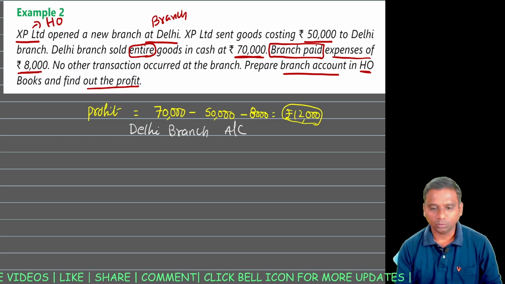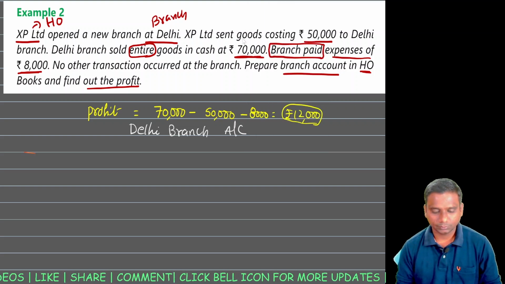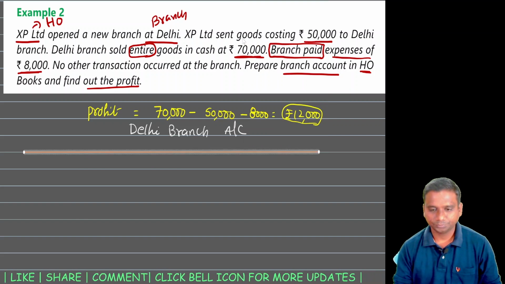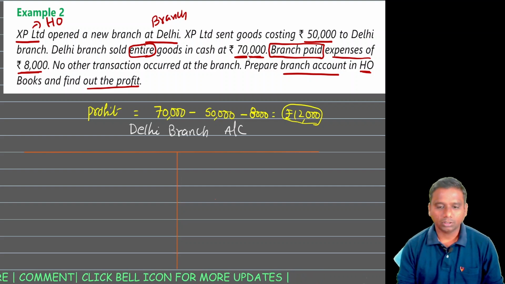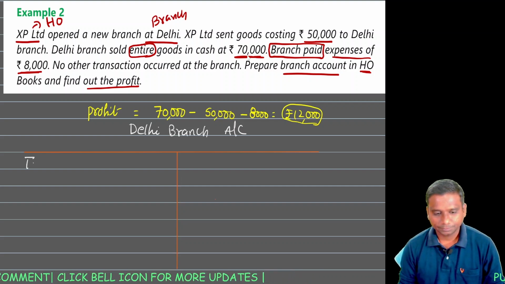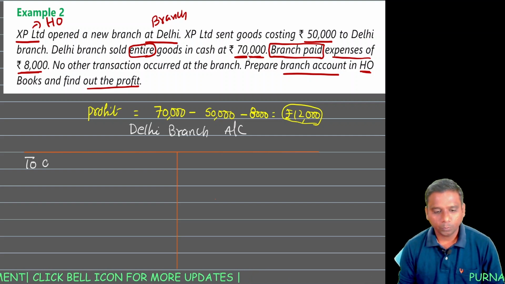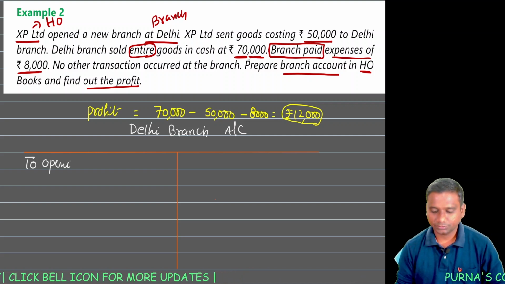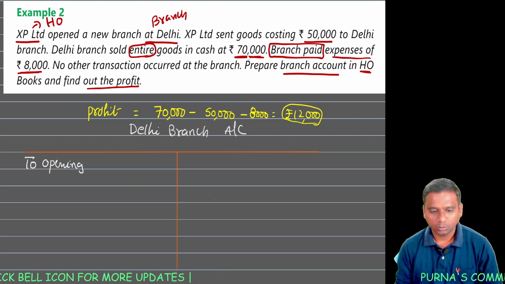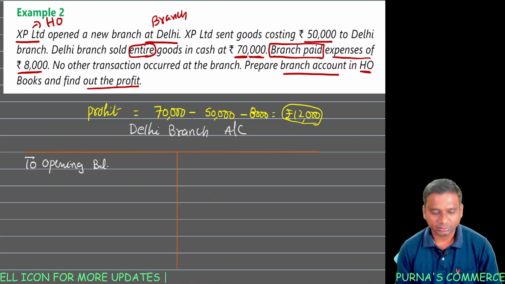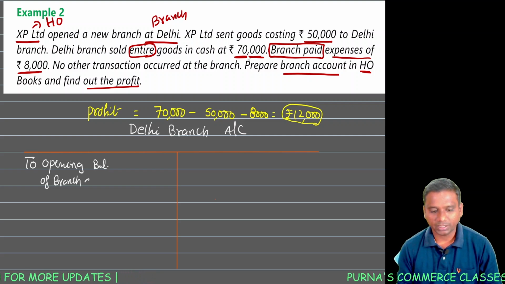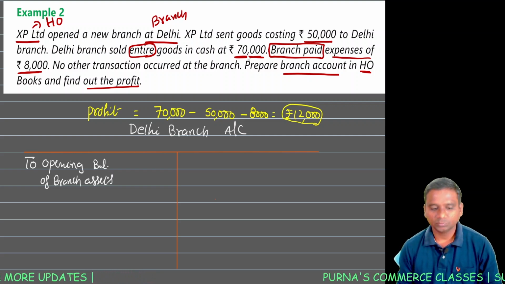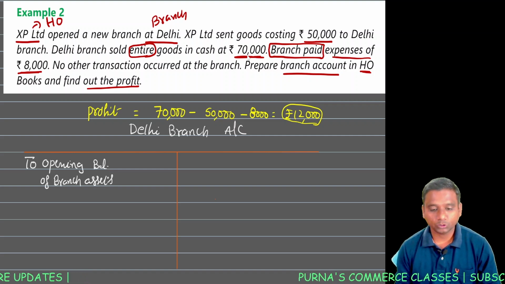Okay. Now tell me. First, opening balances of branch assets. Do you have any opening balances of assets?